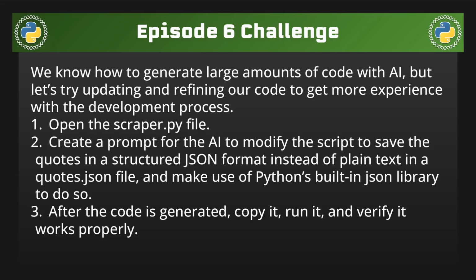And then secondly, ask the AI to use Python's built-in JSON library to save the quotes in a structured JSON format instead of plain text, in quotes.json instead of quotes.txt. And then afterwards, make sure the code runs properly by checking yourself.